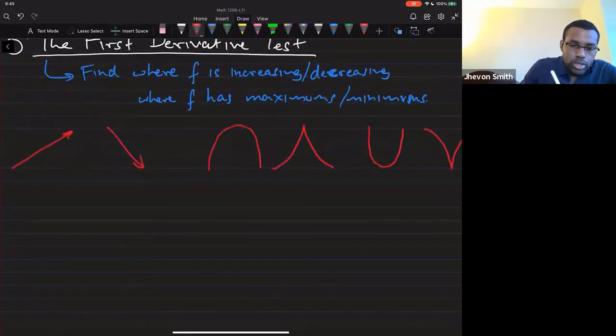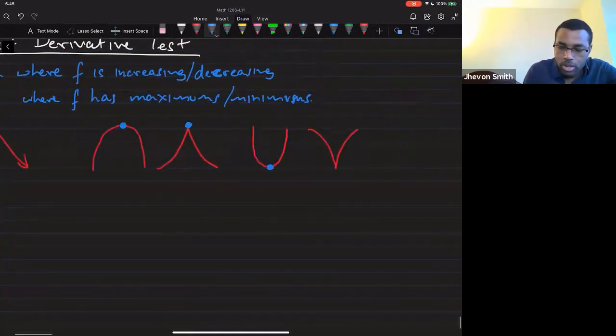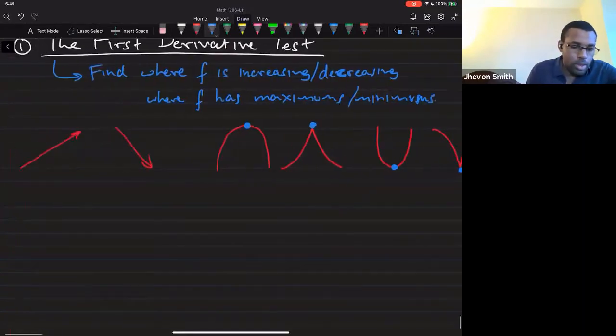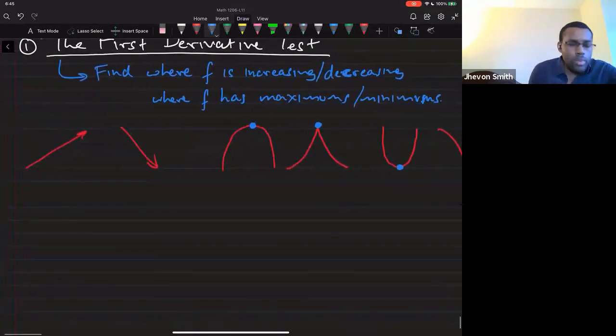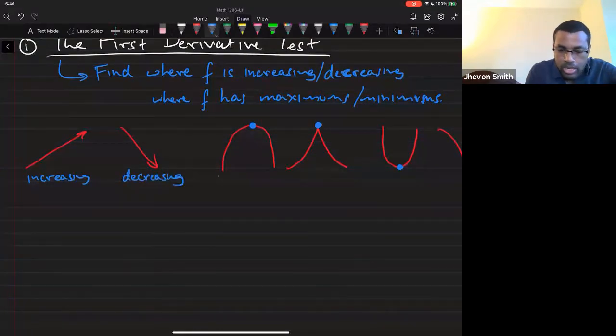And I drew some sharp corners on purpose because I do want you to understand that we can still use this even where the derivative is undefined. And we know from earlier that the derivative is undefined at sharp corners. So this is, function is increasing, going up. Function is decreasing. Here's an example of what a maximum would look like.